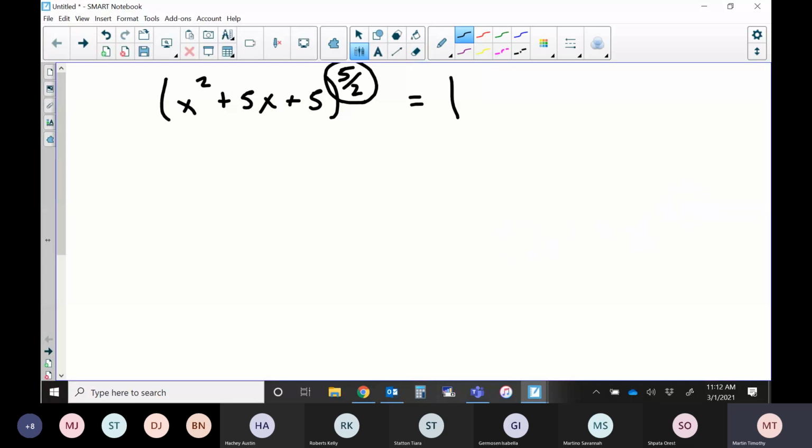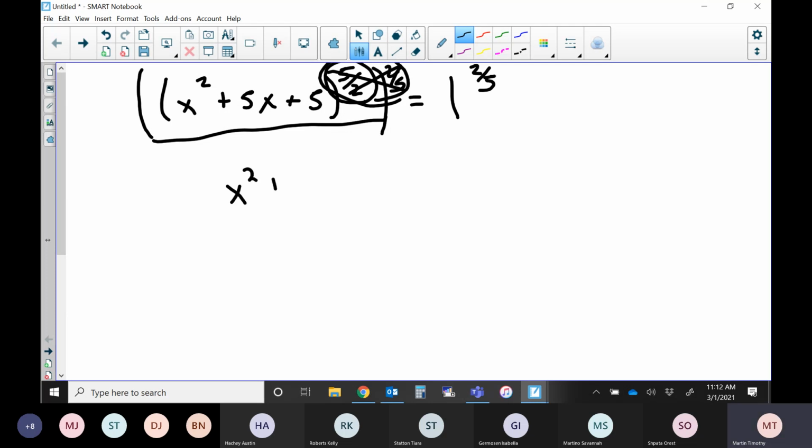Our rule is we can do anything we want to an equation as long as we do it to both sides. So I'm going to raise all of this to the 2/5 power, because when I raise a power to a power, these multiply and cancel out. And then all I have to do is raise the 1 to the 2/5 power. So I end up with x squared plus 5x plus 5 equals, and then we have to think about this.